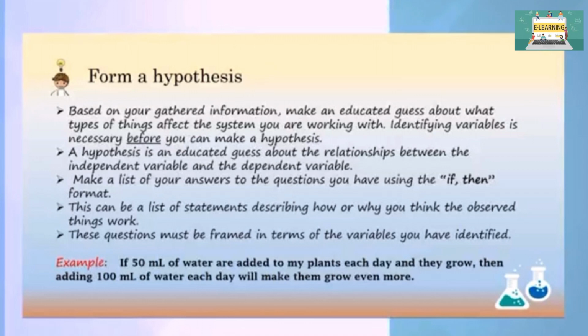Make a list of your answers to the questions you have using the if-then format. This can be a list of statements describing how or why you think the observed things work. These questions must be framed in terms of the variables you have identified.